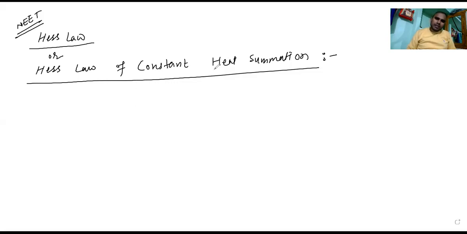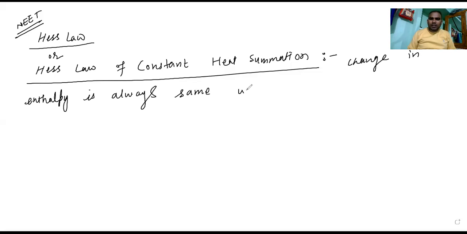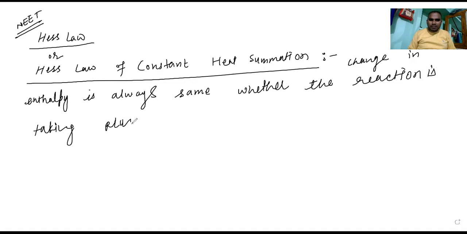What they are saying is that the change in enthalpy is always the same, whether the reaction is taking place in a single step or in multiple steps.